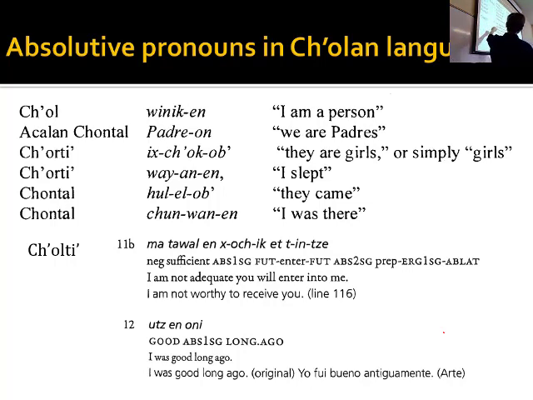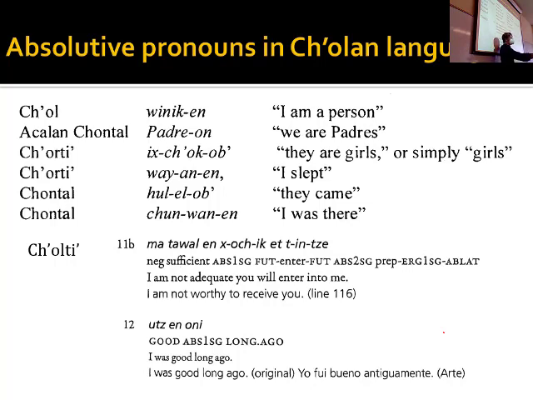This is another great example from a religious document. Ma tawalen shochiket tinse. Ma, not, tawalen, adequate me. Not adequate I am, right? Shochiket, so that you could enter, this Holy Spirit, into myself. T in myself. Into myself.